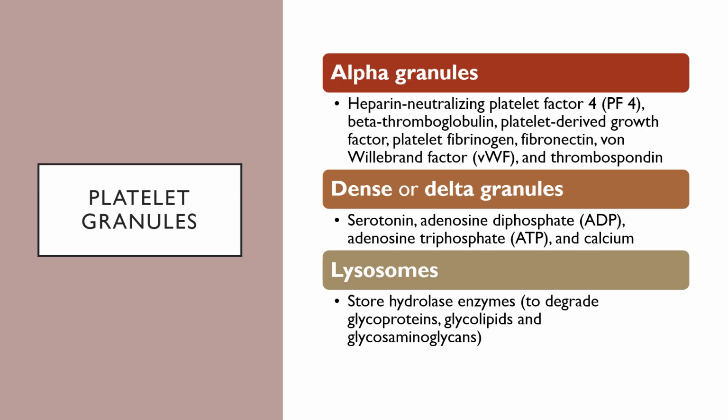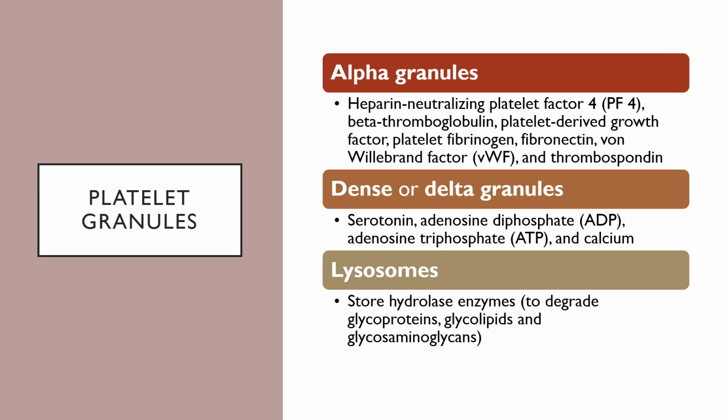So all of those proteins are found within those alpha granules. Now look, von Willebrand factor is in there, we've got platelet fibrinogen, we have all sorts of things in there that are really going to kind of wake us up.